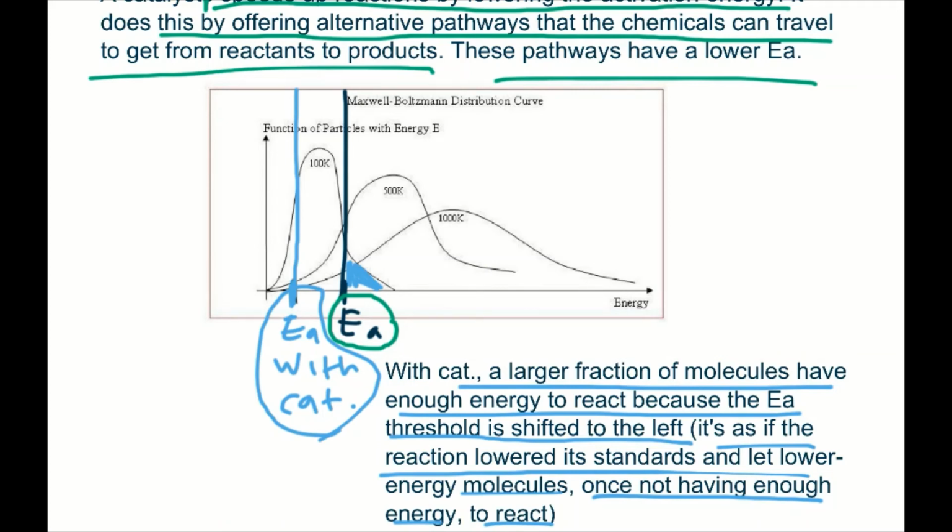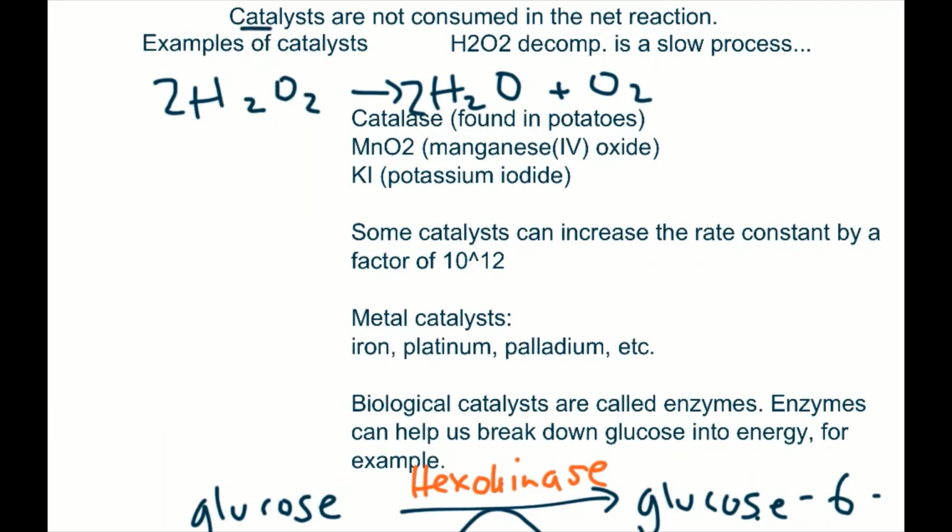But by using a catalyst, notice how more particles are to the right of the activation energy barrier, and because of that, more particles can react, and the reaction rate actually increases with this catalyst. So catalysts increase the rate of reactions. So as I just mentioned, catalysts are not consumed in the net reaction, and we will go into further detail in the next video. Now you might be wondering, what types of catalysts are there?